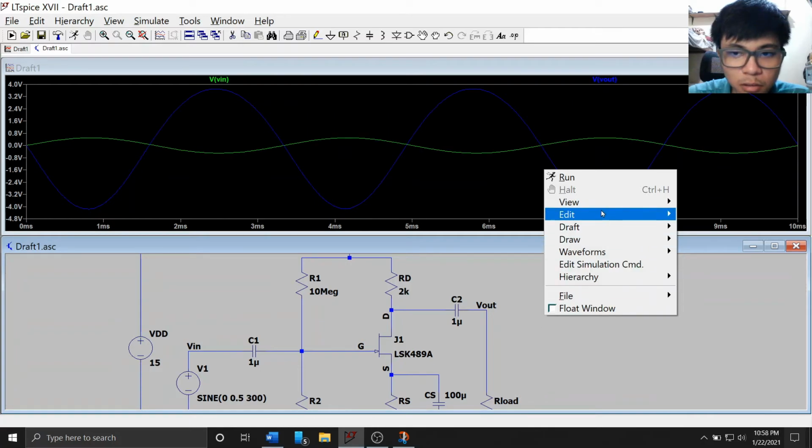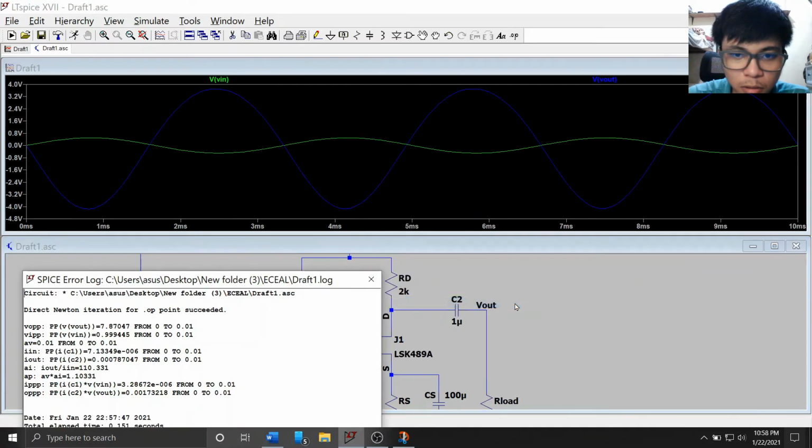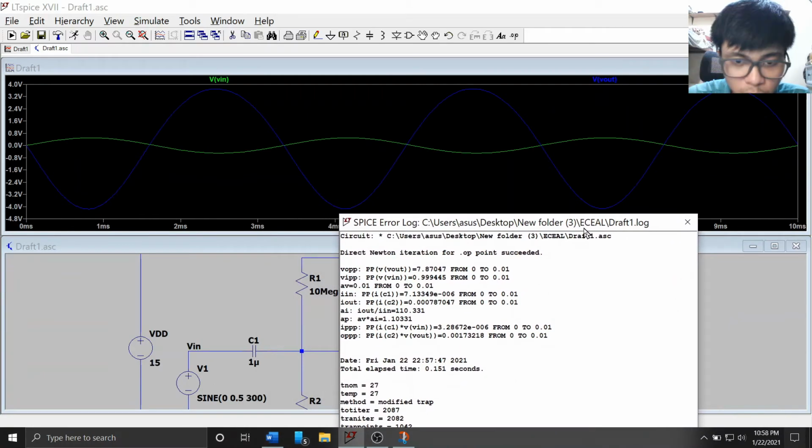So let's now look at the values. We have here the output peak-to-peak voltage 7.87 volts, input peak-to-peak voltage 1 volt.